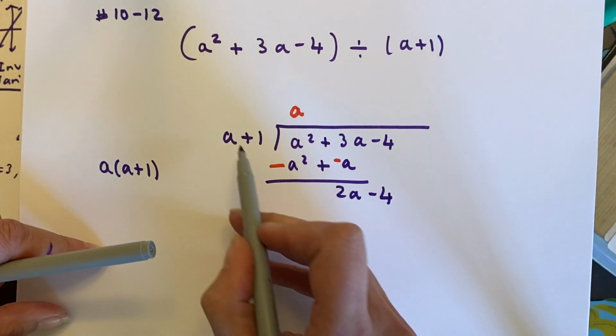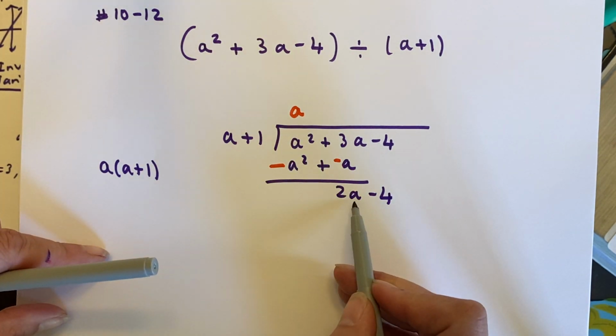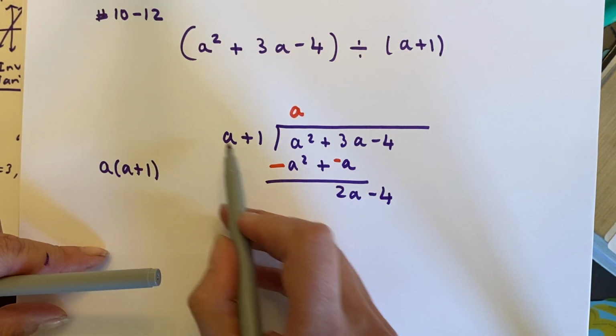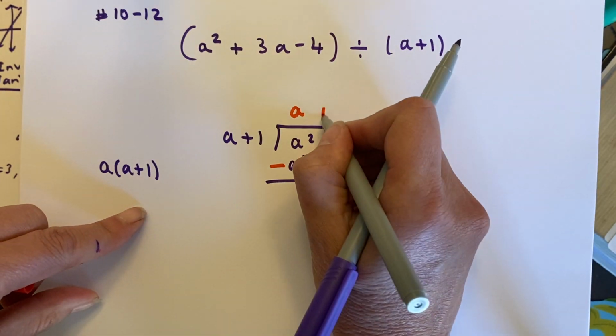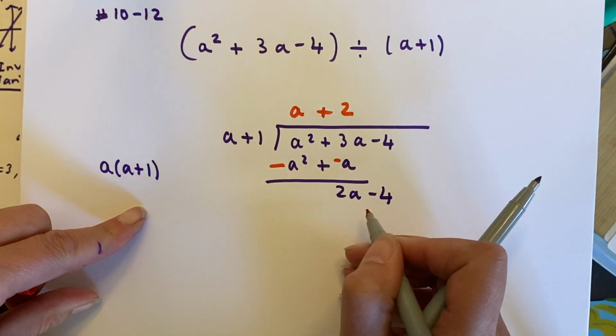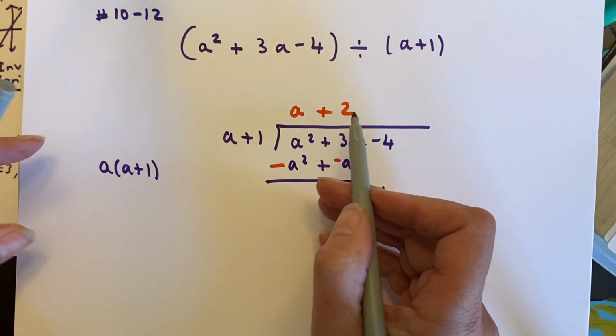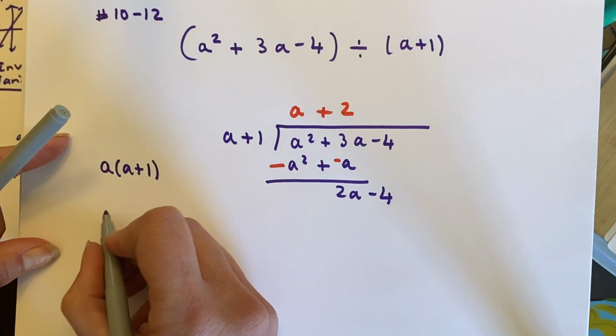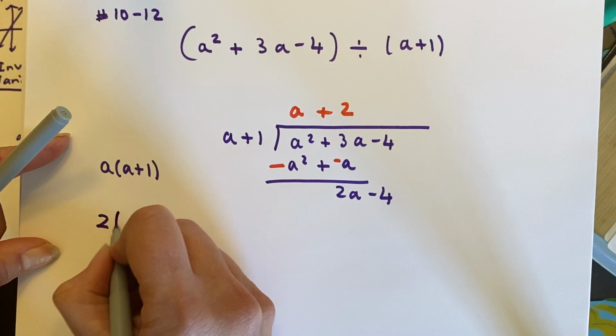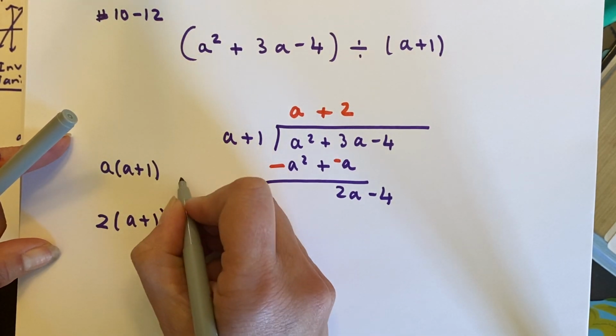Then I look back up here, what times a will give me 2a, or how many times does a go into 2a? Well, clearly if I put 2 times a will give me 2a, but I multiply by both a plus 1, by a and 1. So what I'm really doing is 2 times a plus 1.